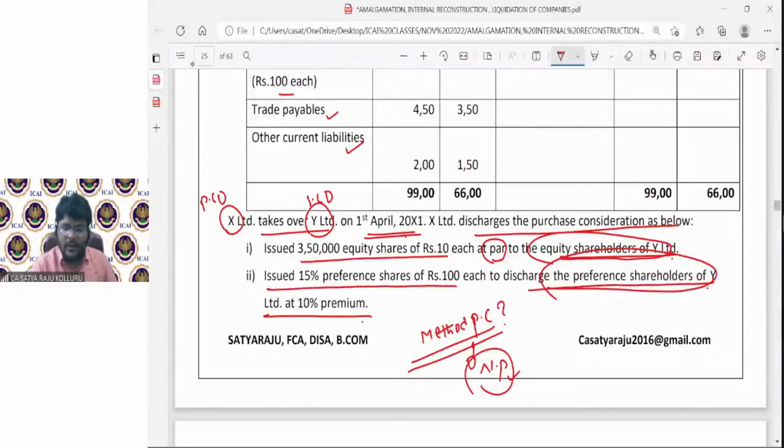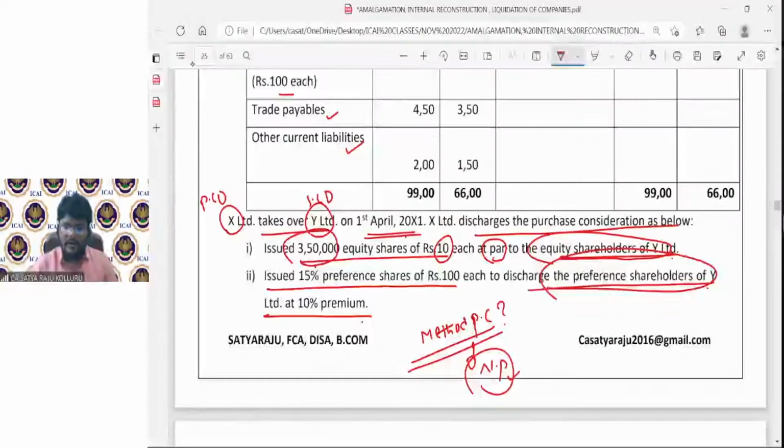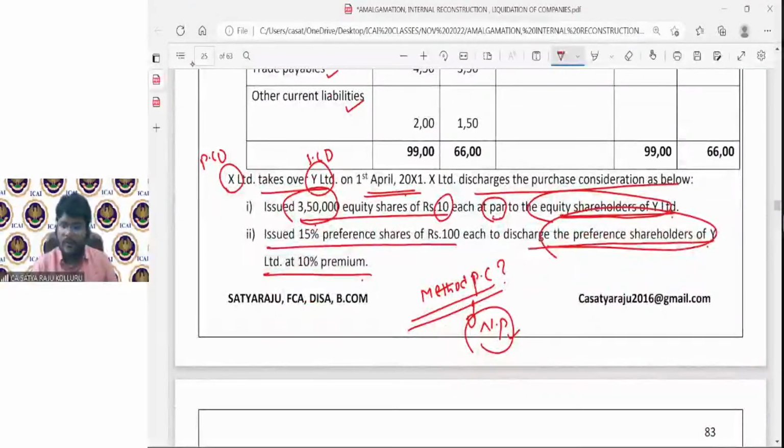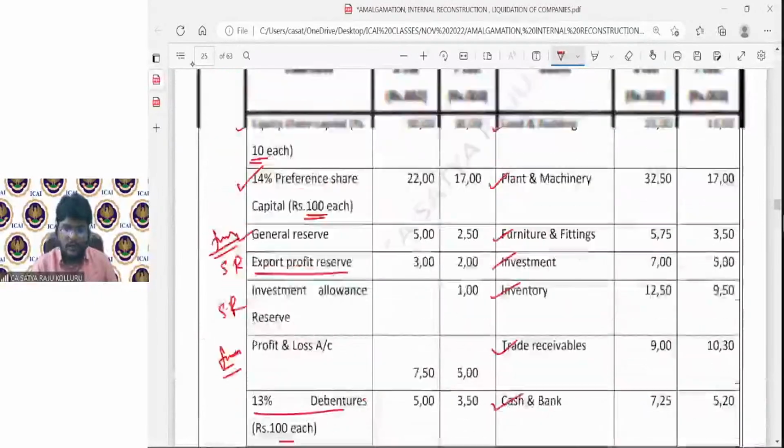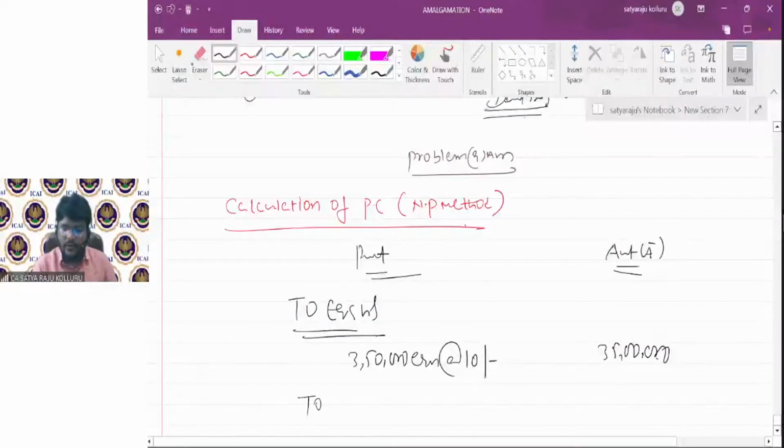We, the purchasing company, are issuing 3,50,000 equity shares of rupees 10 each at par. So 3,50,000 equity shares at 10 rupees each is equal to 35 lakhs. Next, to preference shareholders, that is the 14% preference shareholders of the selling company.